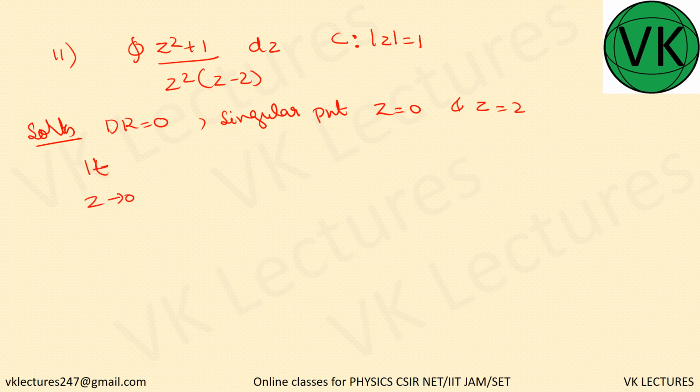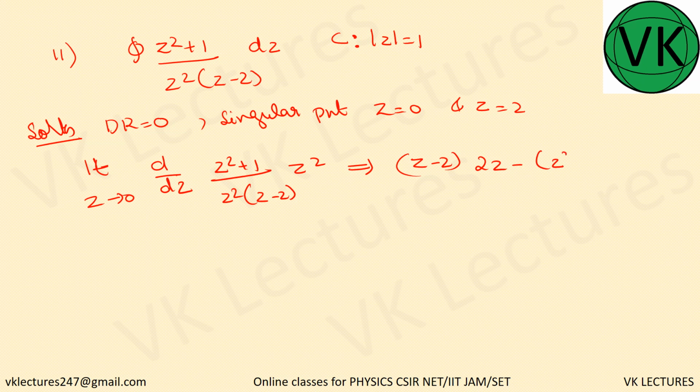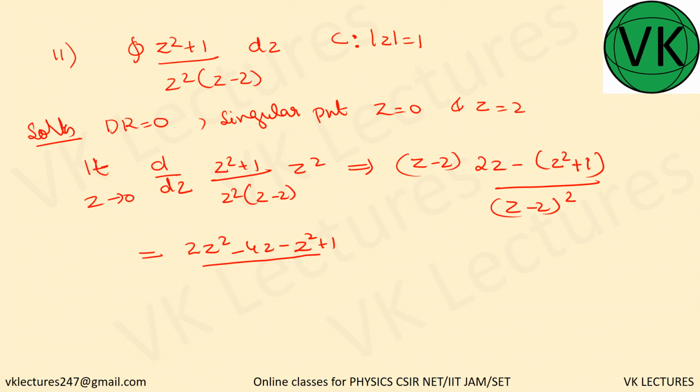as z tends to 0 of d by dz of (z square plus 1) divided by (z minus 2), after cancelling z square, is equal to (z minus 2) into 2z minus (z square plus 1) divided by (z minus 2) whole square. So this is equal to (2z square minus 4z minus z square plus 1) divided by (z minus 2) whole square.